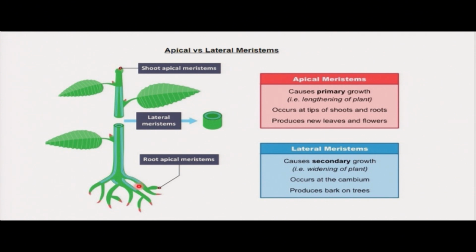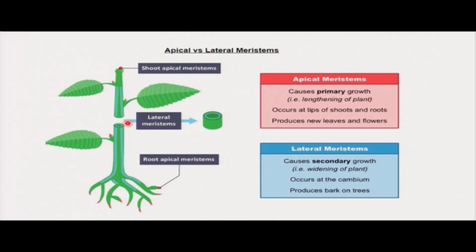Remember, underground we have roots, and these roots are also responsible for growth. So you can see at the tip of roots, we have what we call apical meristems. Now, from there, we have what you call lateral meristems. Like you see in here, we have what you call lateral meristems.